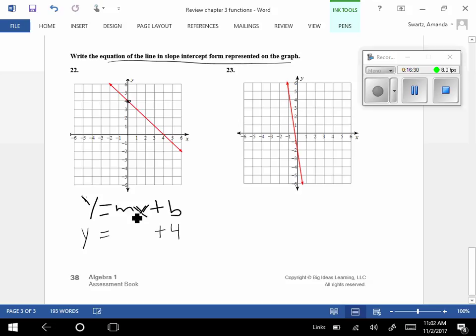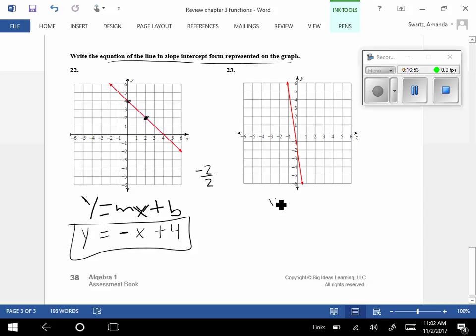Then you need to figure out your slope because everything else is already there for you. So pick another point out and find out your slope. We go down 2 over 2. So negative 2 over 2, or another way to say that is just negative 1, or negative x. That would be in slope-intercept form.